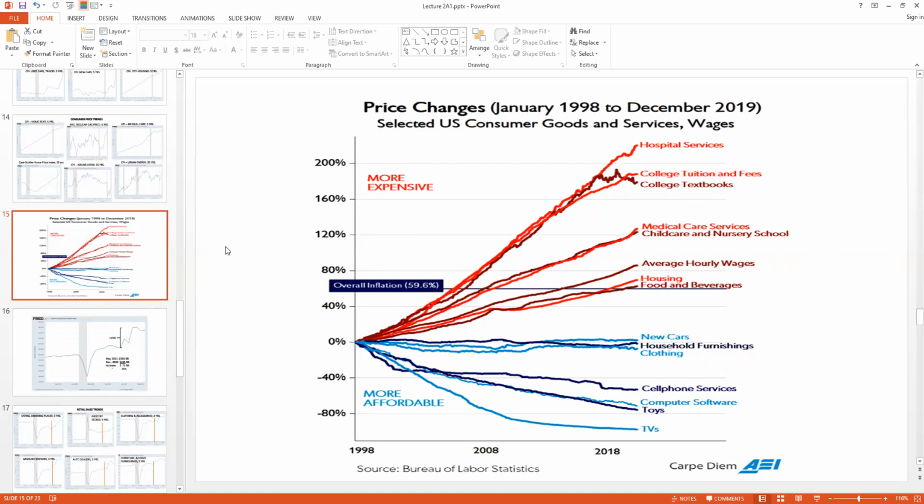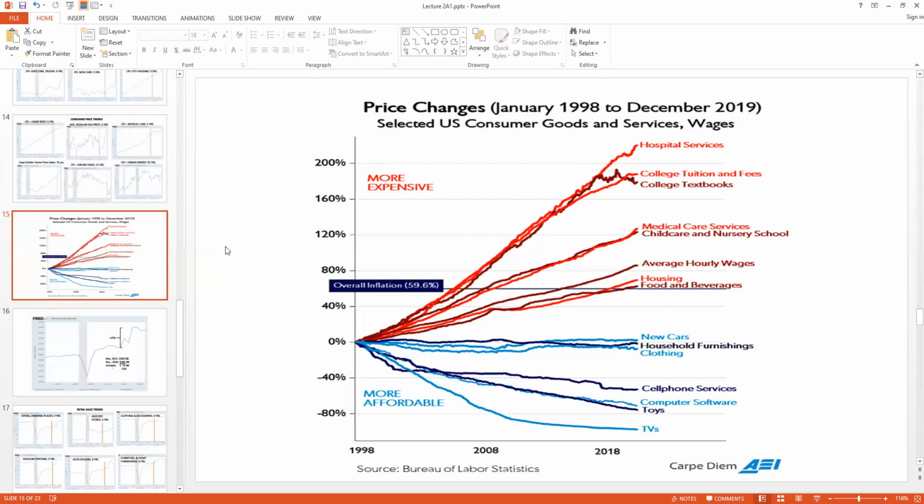Hospital services have certainly gone up dramatically. Medical care services have, and so forth. The red lines on the top part of this chart sometimes reflect the fact that government is highly involved in those goods and services in those industries.